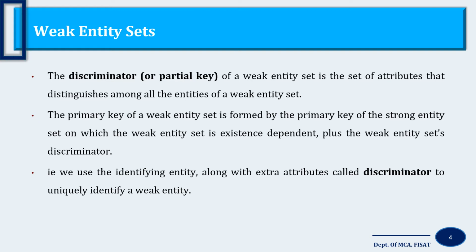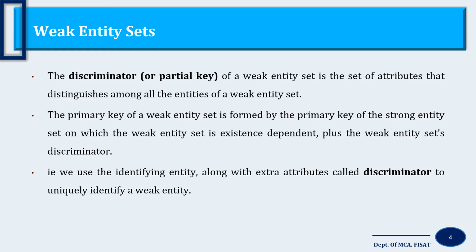So this key is a partial key. Why is it called partial? Because the weak entity set is said to be existence dependent on the identifying entity set, or the owner entity set. That is, this weak entity set is always dependent on a strong entity set which consists of a primary key.